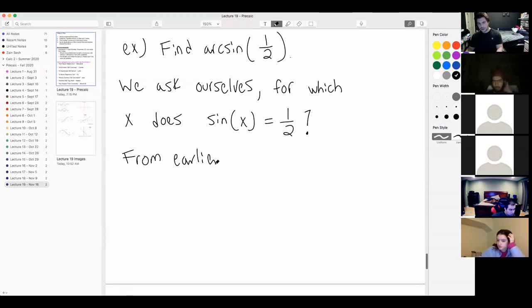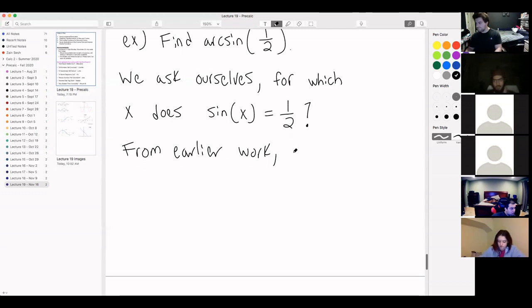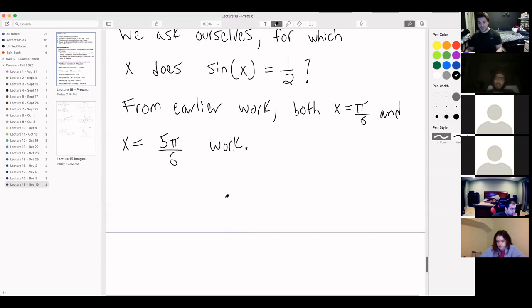From earlier work, both x equals pi over 6 and x equals 5 pi over 6 work. But both of these are not the answer.